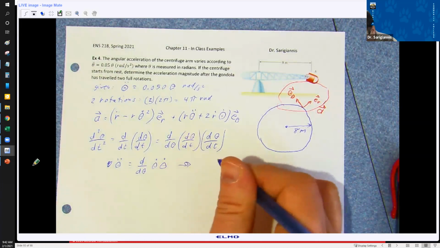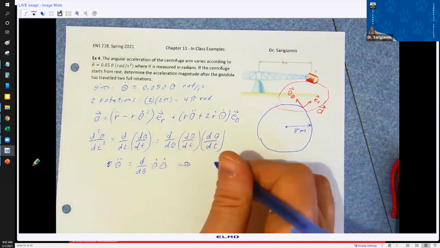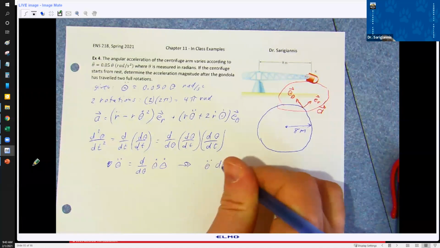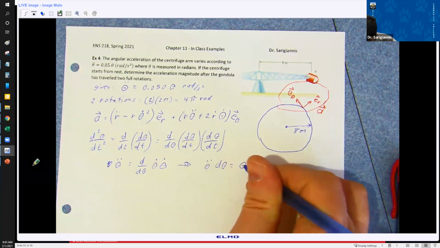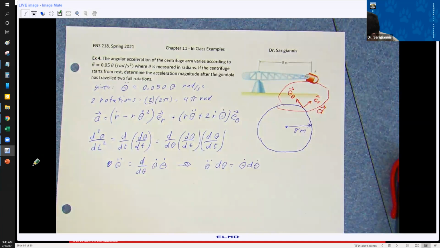So now you can rewrite this. We're going to take the d theta, and we're going to get an integral. We're going to say theta double dot d theta equals theta dot d theta dot. All I did was expand this.